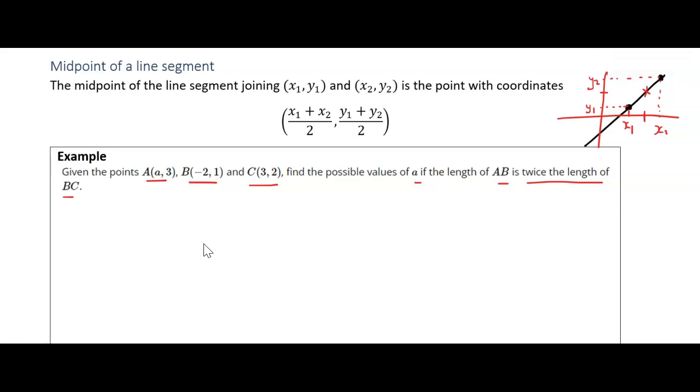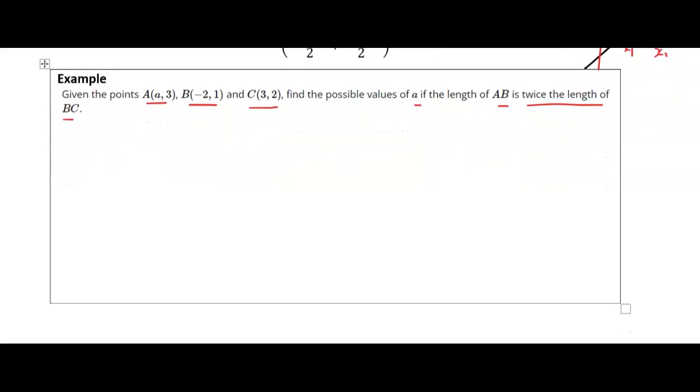Now I just realized for this question you would actually use the distance between two points formula, but let's go ahead and do it, and then I'll give you another question using the midpoint formula. Sorry, that was me rushing. So distance AB is twice the length of BC, so 2BC. What we need to do is work out what the lengths are.